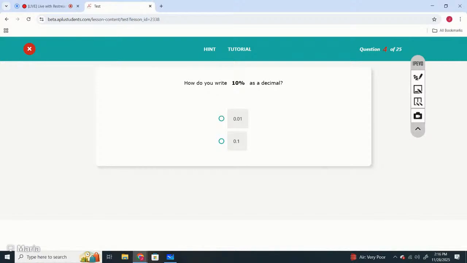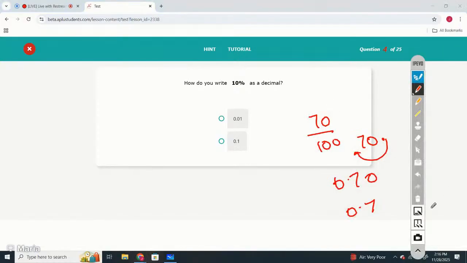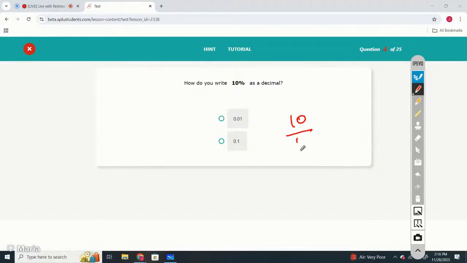How do you write 10% as a decimal? 10 divided by 100. So which is the correct option?